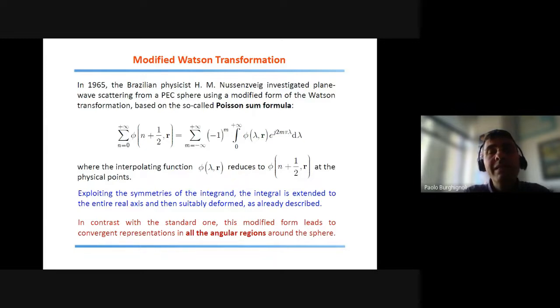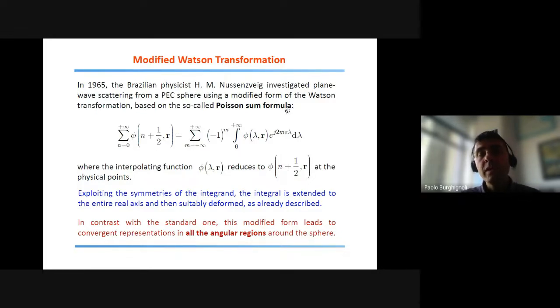In particular, an alternative to the Watson transformation, a modified form of the Watson transformation, was introduced in the 60s of the last century by this Brazilian physicist, Henry Moises Nussenzveig, who studied scattering from spheres, and he started with perfectly conducting spheres, by basing his analysis on the so-called Poisson sum formula, which expresses a general sum, like the one you can see here on the left-hand side of this equation, in terms of a modified sum, in which you sum now terms which are basically the Fourier transforms of the original functions in the left-hand side summation.